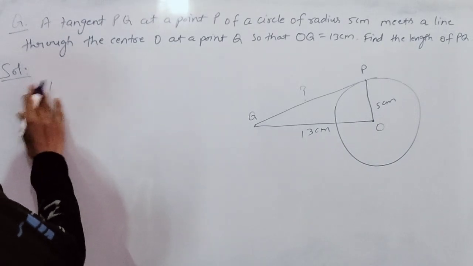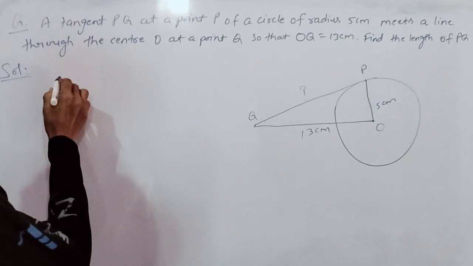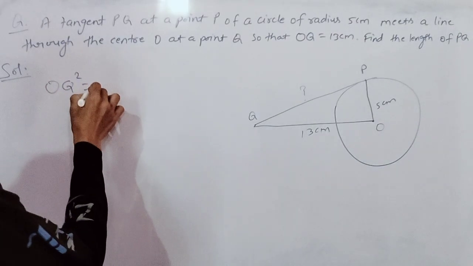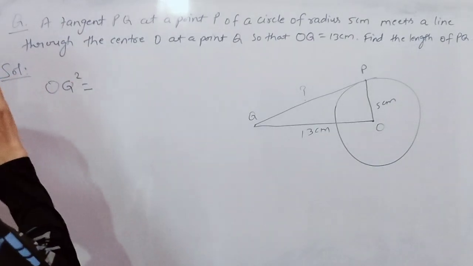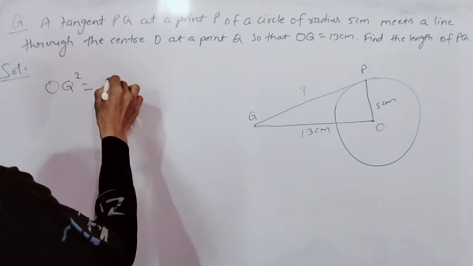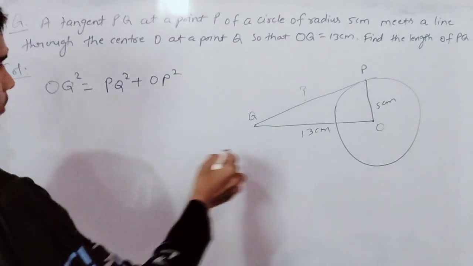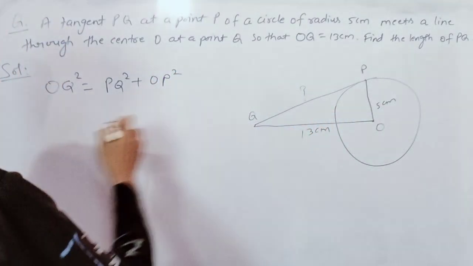So here, this is big OQ square equals AQ square plus OP square. When we subtract this from this, we get this.